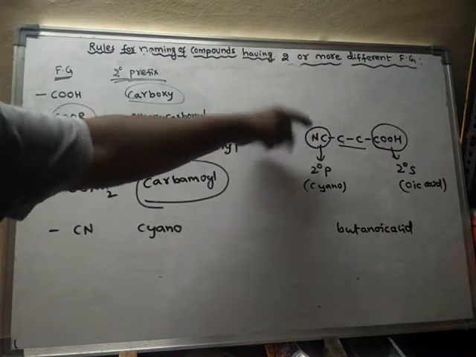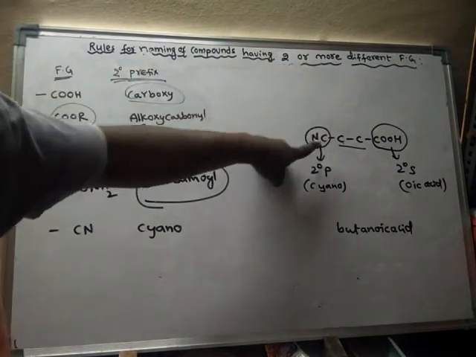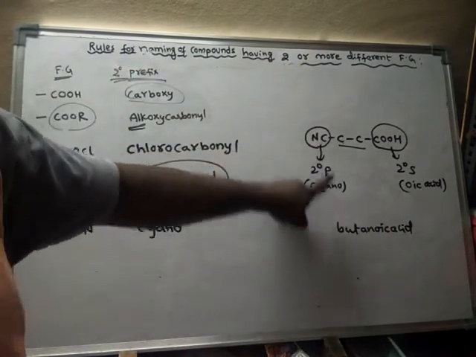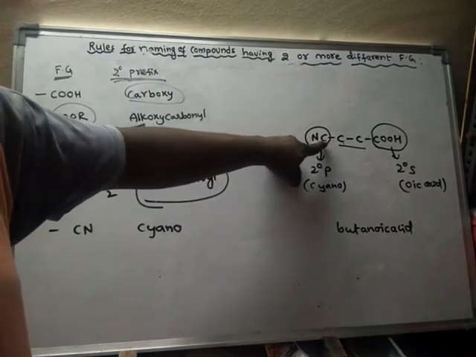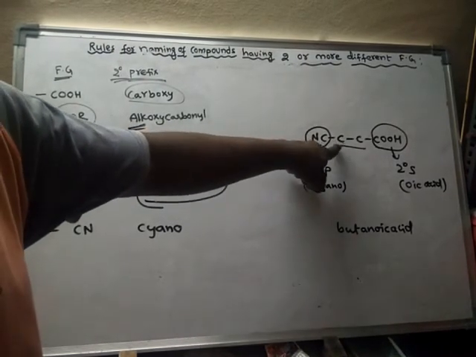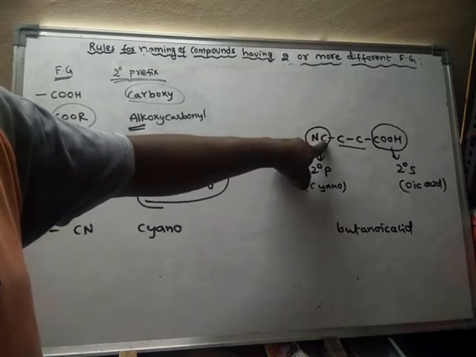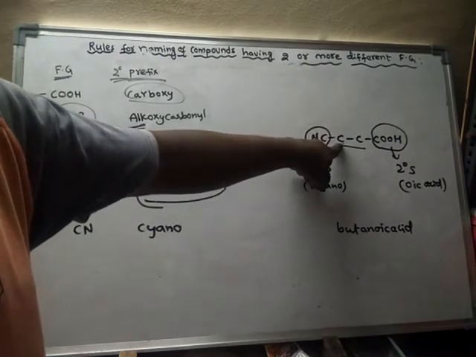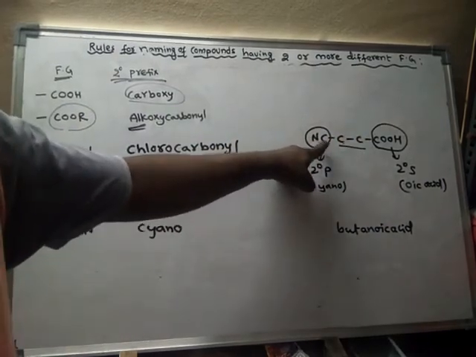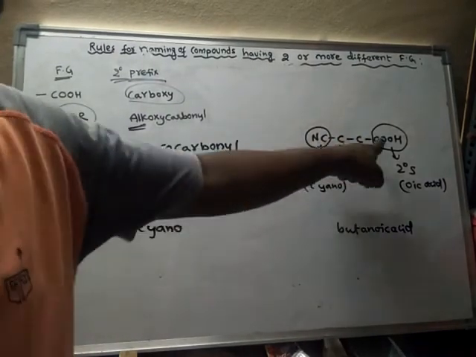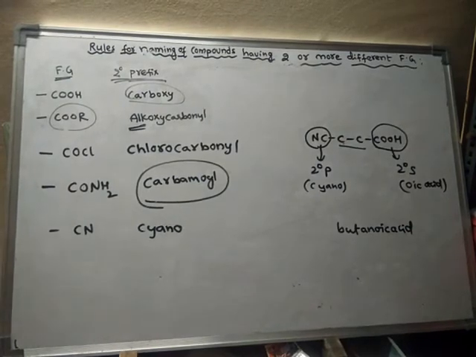See here, this carbon is a chain terminating functional group. This carbon should be included because it is in direct connection with the parent chain. Hence both the carbons should be considered as parts of the parent chain.